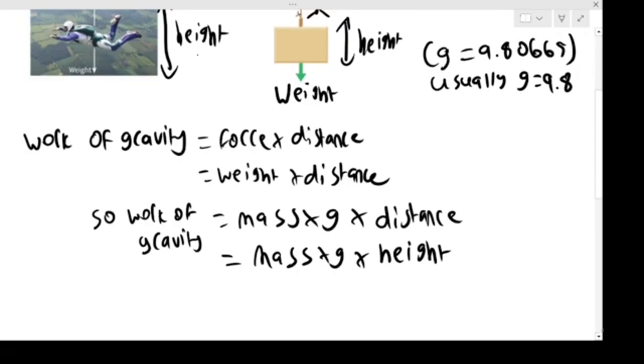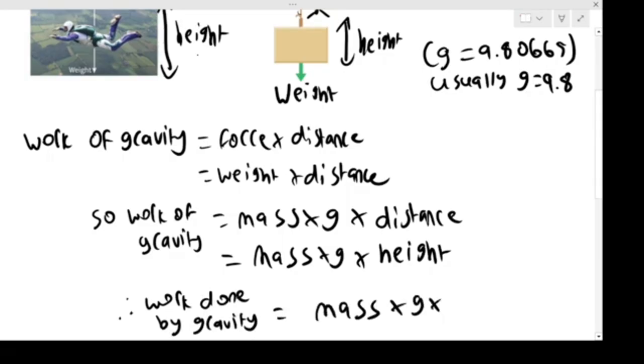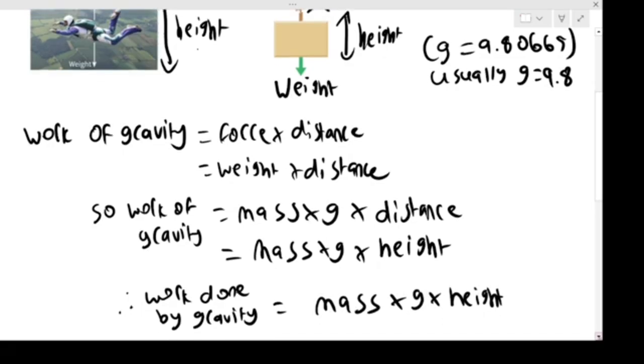And there we are. That is literally my formula. Work done by gravity is mass times G times height. So how far up or down you move, vertically.